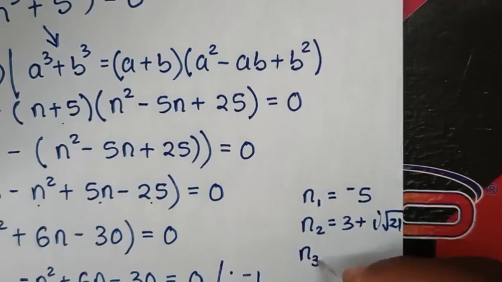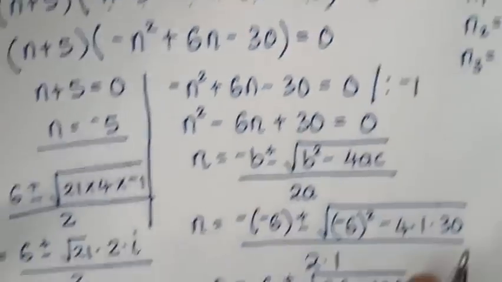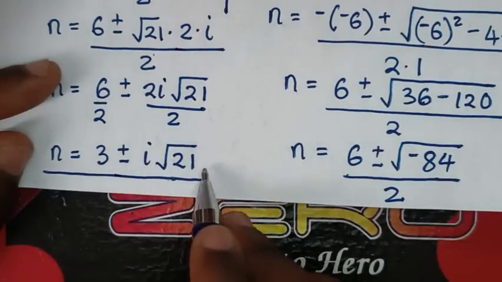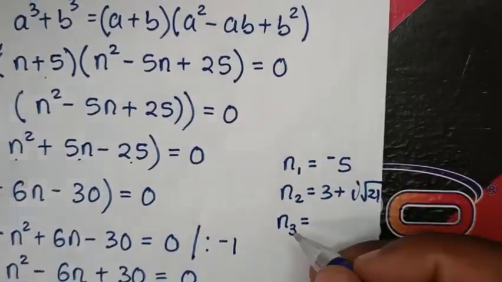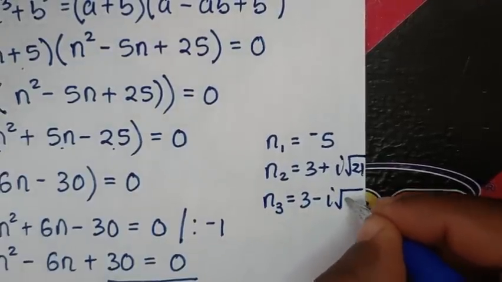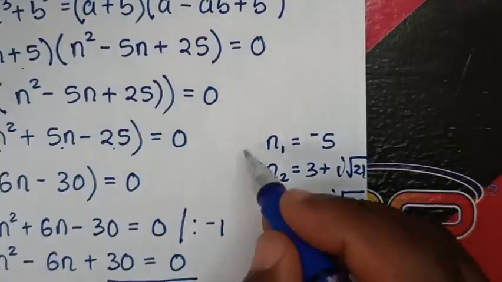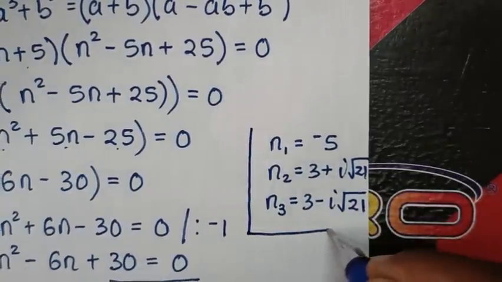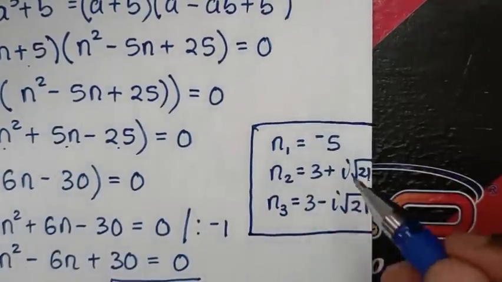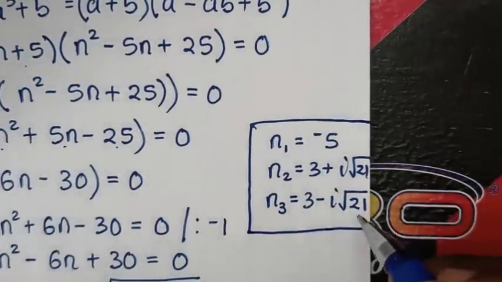The third value of n, when here it is negative, will be 3 minus i square root of 21. So these are all the values of n in this problem: one real solution and two complex solutions.